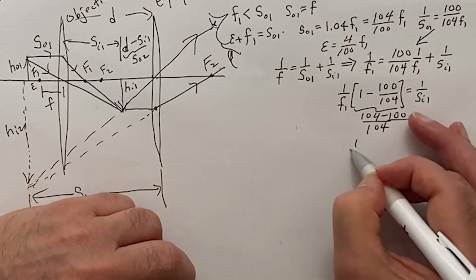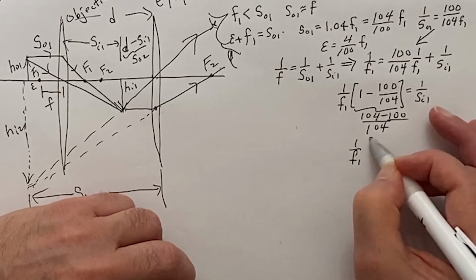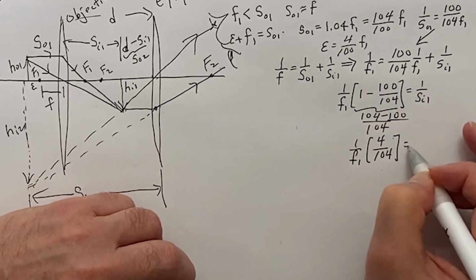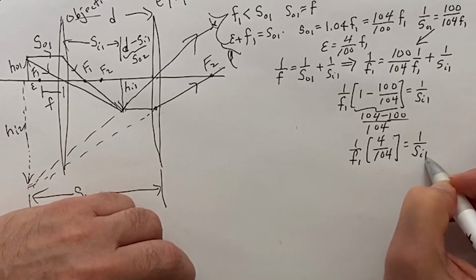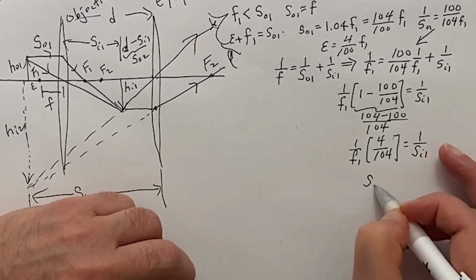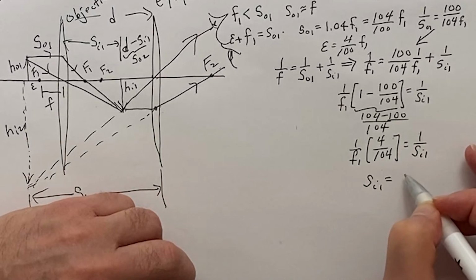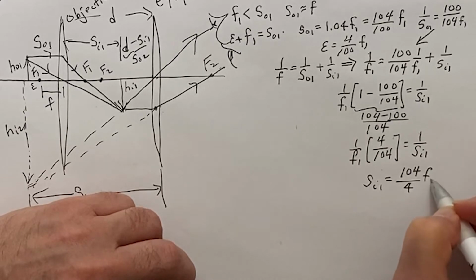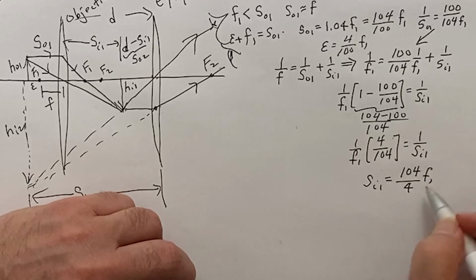So that's going to get us 1 over F1 times 4 over 104 is 1 over SI1. And that means the image distance here is going to be 104 over 4 F1, because we're flipping everything.